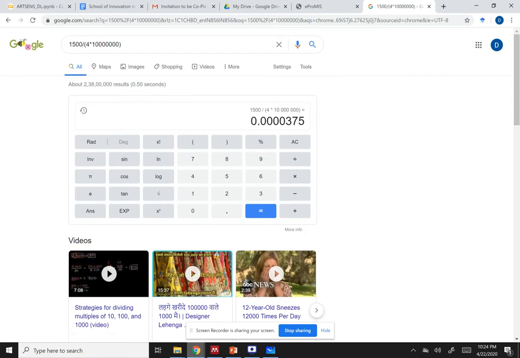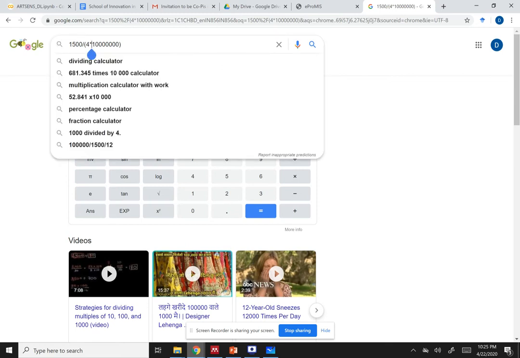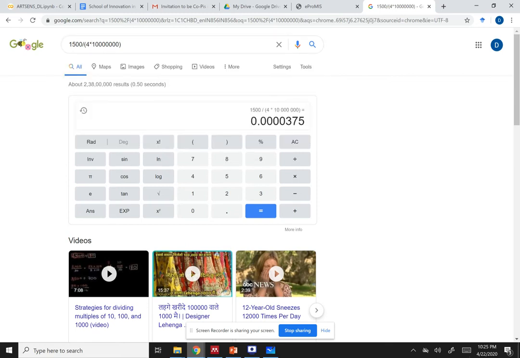This comes out to be around this many meters, okay? In millimeters it will be 0.0375 millimeters.